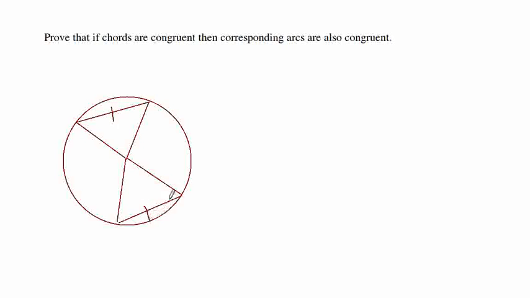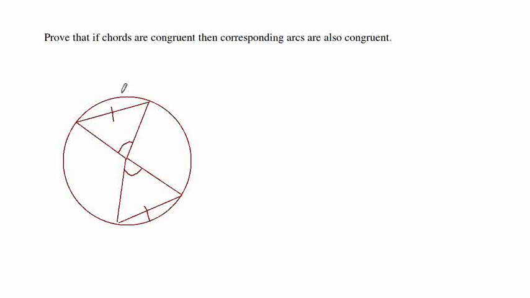And we further know, because we just proved it, that if two chords are congruent, then the corresponding central angles are congruent. But we also know that when comparing arcs, you can compare their corresponding central angles. So because the central angles are congruent, we know that the arcs are congruent. So that completes that proof.